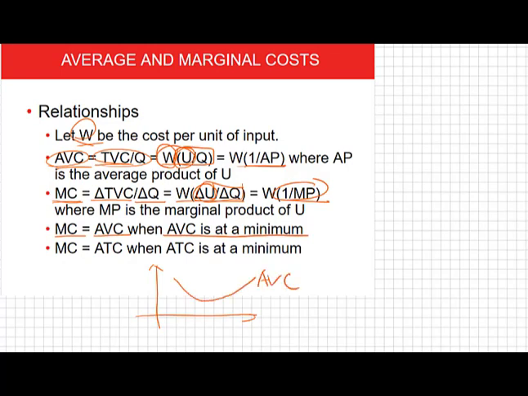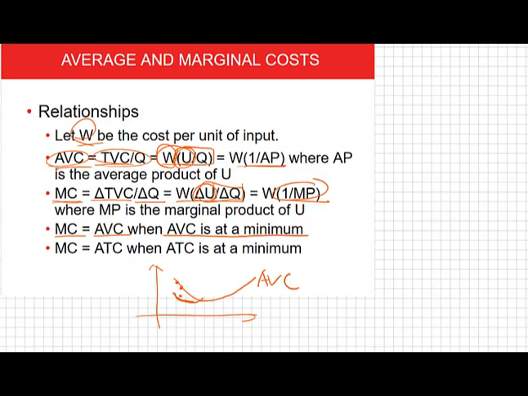When you add something lower than its current average and try to calculate the new average with the newly added cost, then the new average will be lower than the previous average. So as long as the additional cost, which is marginal cost, stays below, average variable cost will continue to decline.